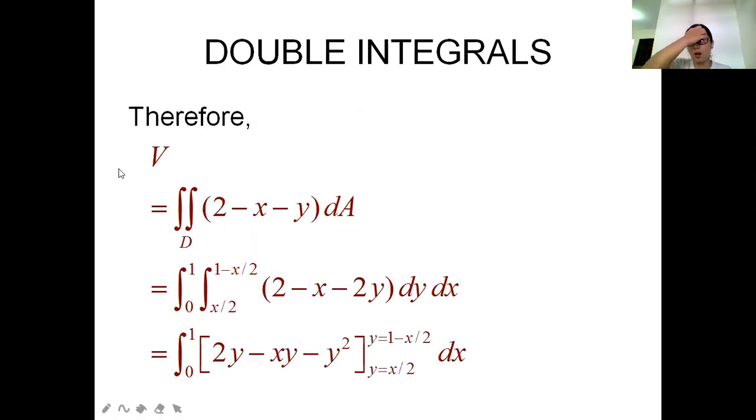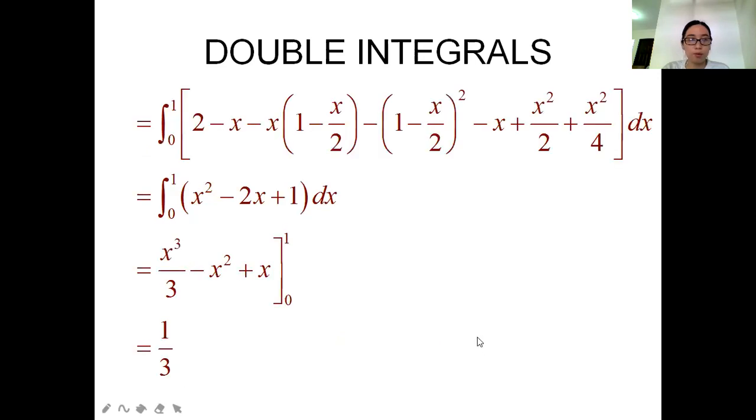So therefore, we use the formula from earlier: the double integral of 2 minus x minus 2y dA is equal to the double integral of 2 minus x minus 2y dy dx from x/2 to 1 minus x/2. Then the second integral is from 0 to 1.